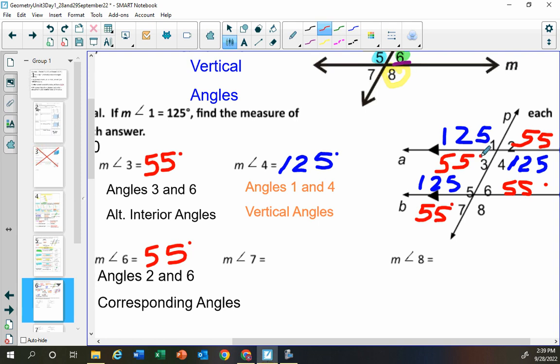I want you to tell me. 8's 125. One side's going from big to small, the other one's going small to big. And in the end, that's really what we have going on here. You all found the pattern in the end.